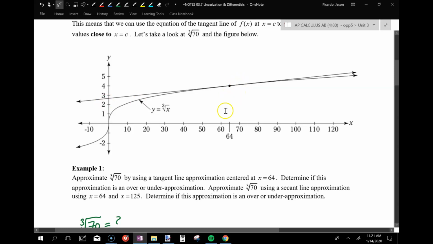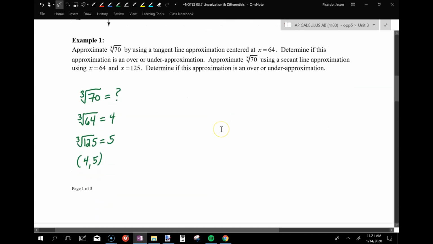Make sense? So let's try it. I want to know, what is the tangent to the cube root of x at x equals 64? Because that's going to be pretty close.